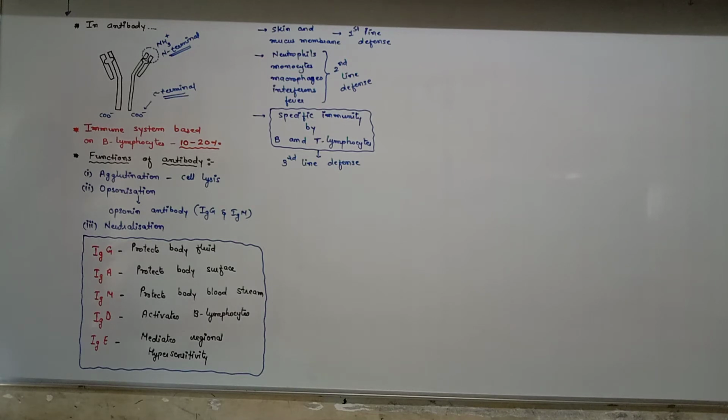Fine. That is HIR, AMI or CMI. Fine. These all are included in the third line defense.